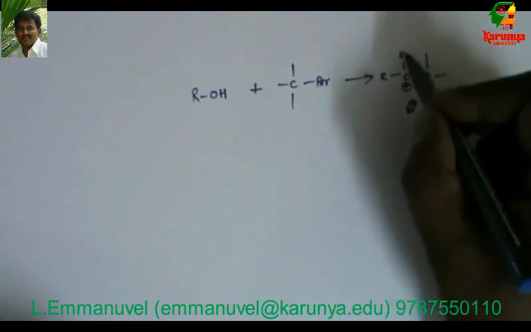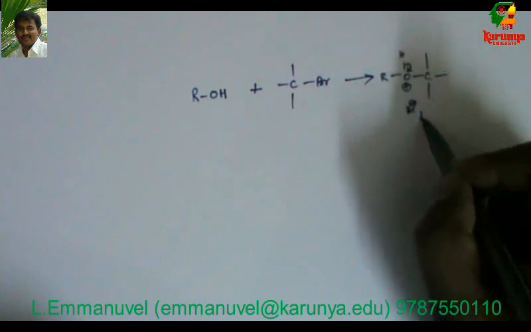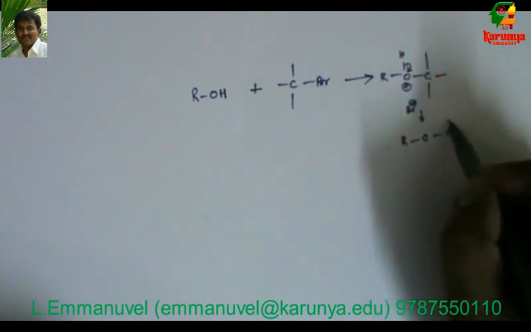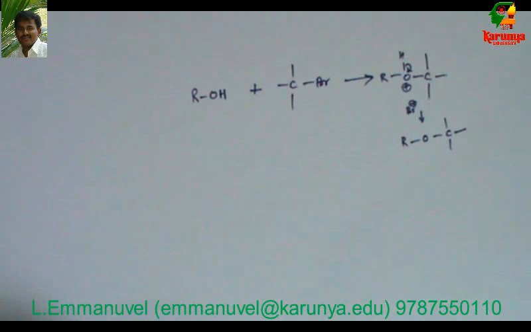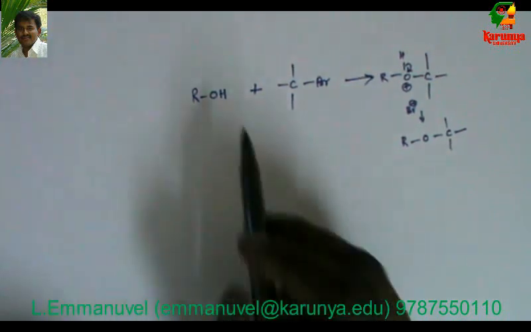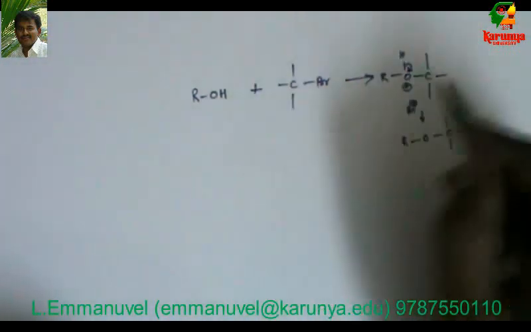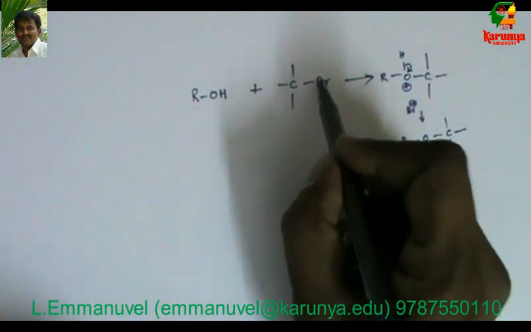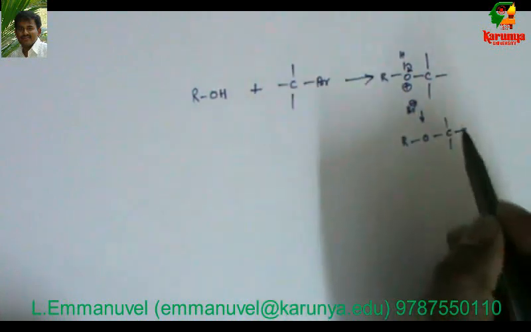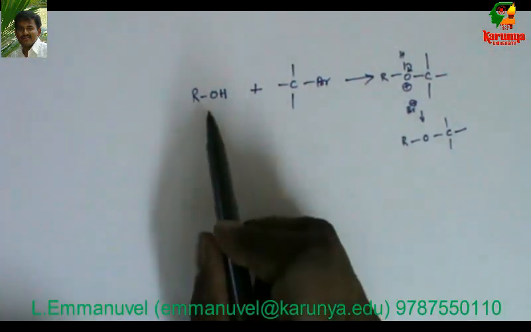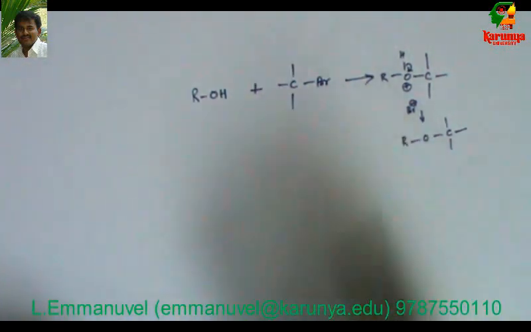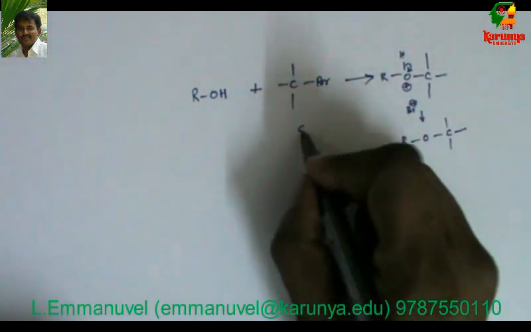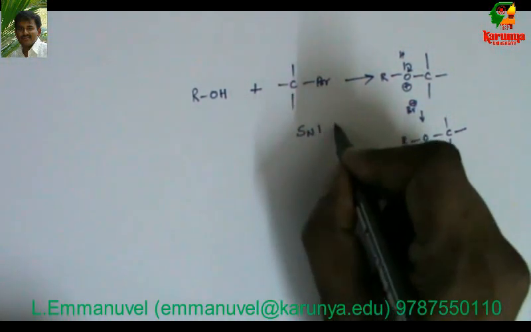This Br minus takes this H plus, so what we get is this. This is also possible, but this reaction generally goes through a carbocation. So the Br will get eliminated to form a carbocation, and that will be attacked by a weaker nucleophile like alcohol to give the product. So this is what we call the SN1 mechanism.